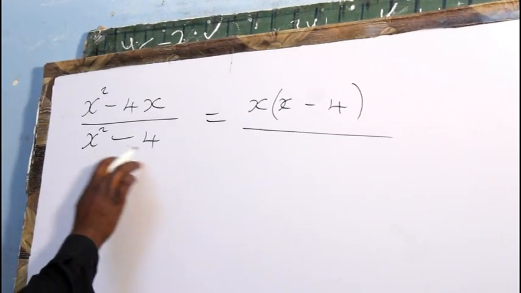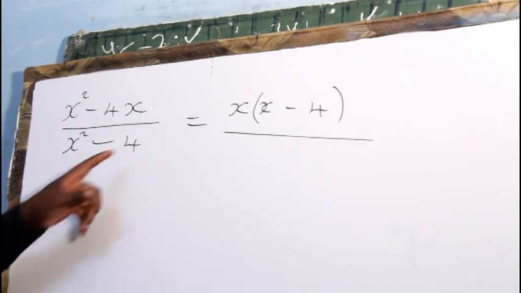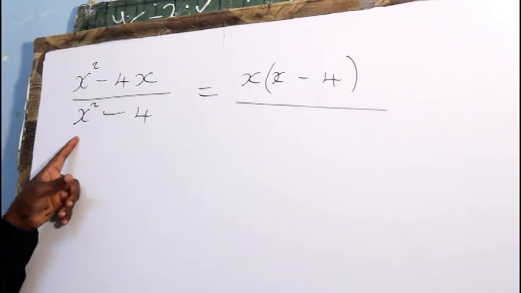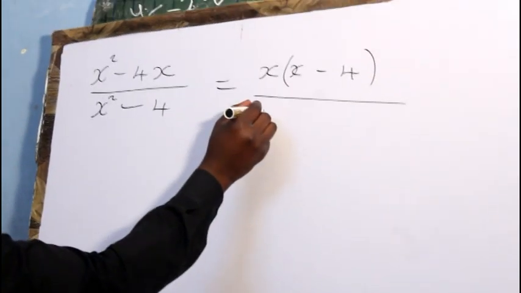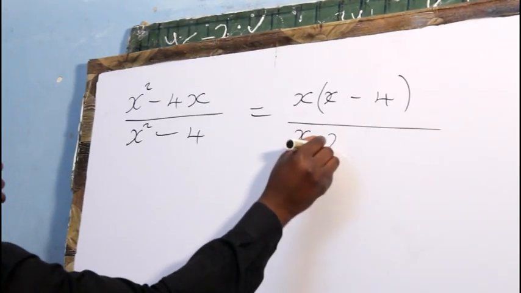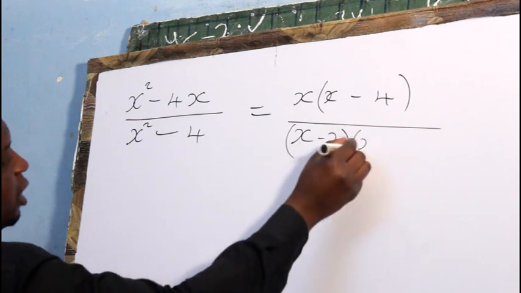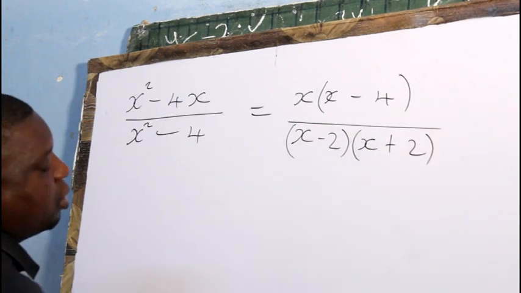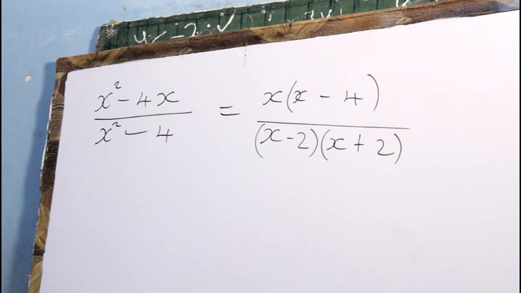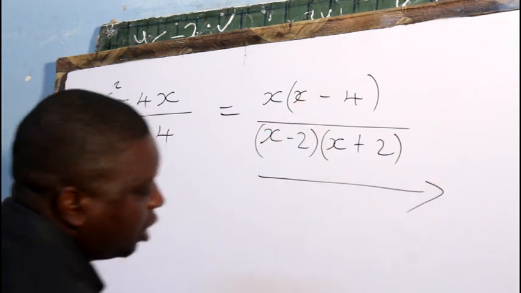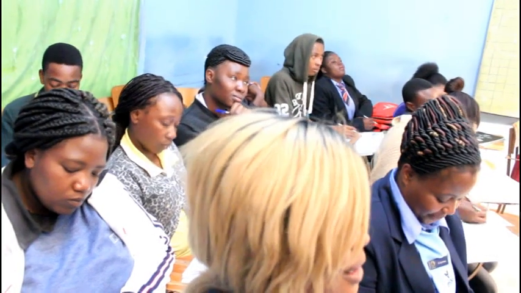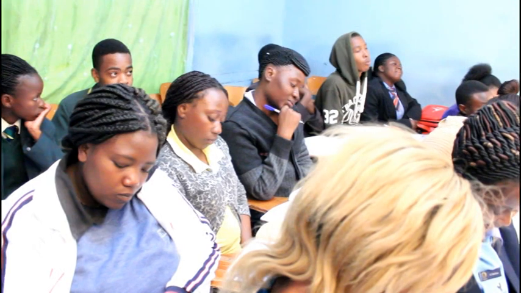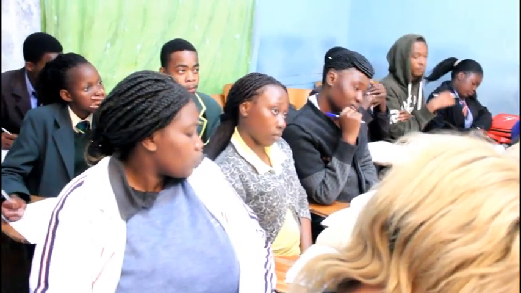On the denominator, we are subtracting a perfect square from another perfect square, so it is a difference of two squares. So it is x minus 2 factor of x plus 2. Right, nothing cancels here.